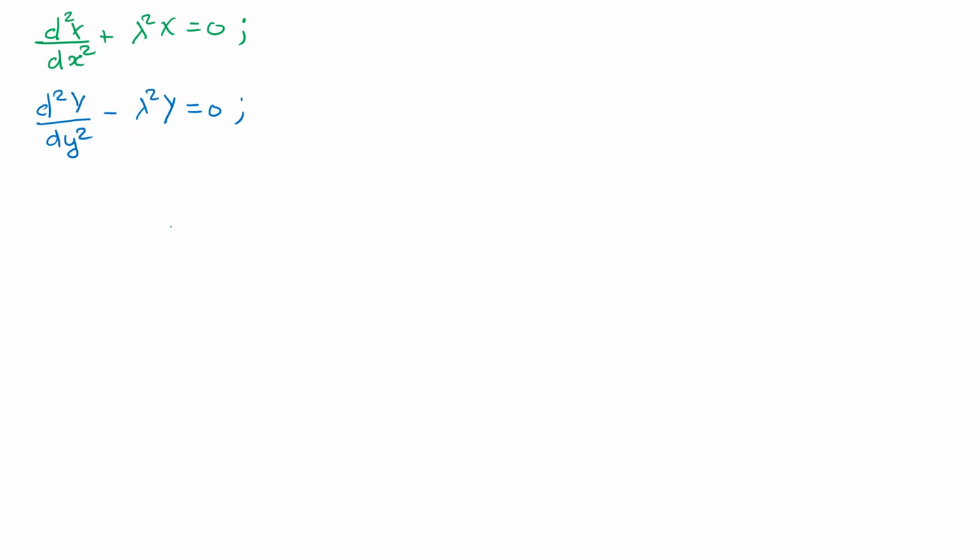Okay, so these are the two equations that we have, and let me correct myself. Your equation B is similar to the fin equation, and equation A is a different equation because for the fin equation we had a negative sign and not a positive sign. So let's look at the general solution for these equations. The general solution for X, the uppercase X, will be C1 into cos of lambda x plus C2, which is the constant of integration, into sine of lambda x.